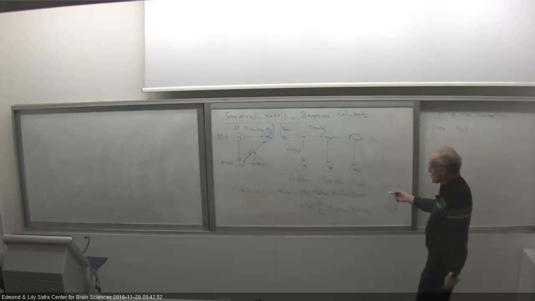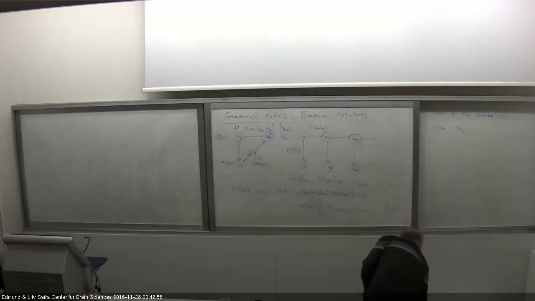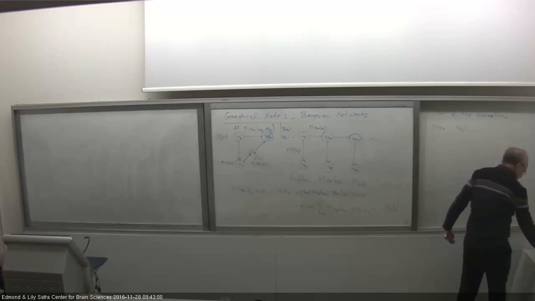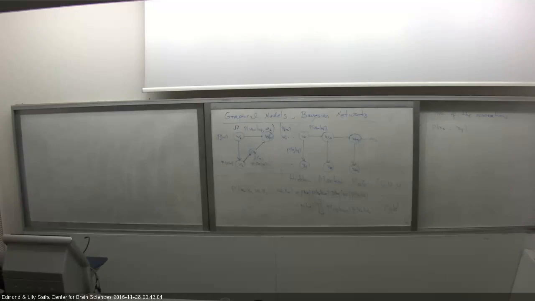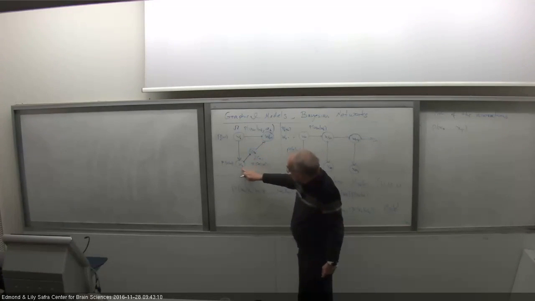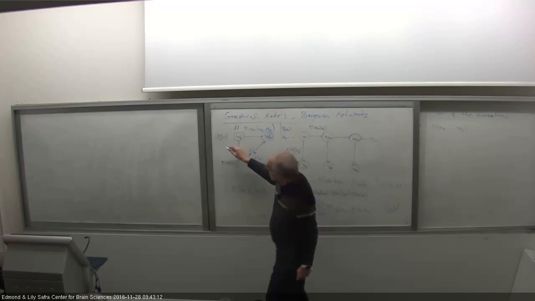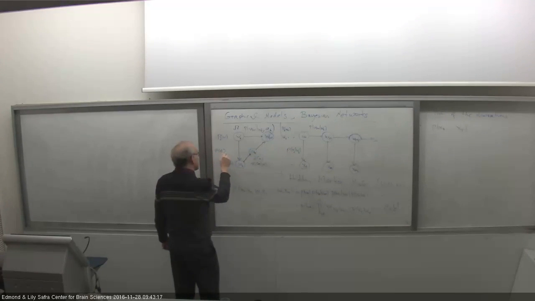If I know the full model, what should I do in order to get only this? Correct? What should I do in order to get only this? Yeah, so I do what we call marginalization. So again here, I have the joint distribution. The probability of observation only is simply the marginalization.